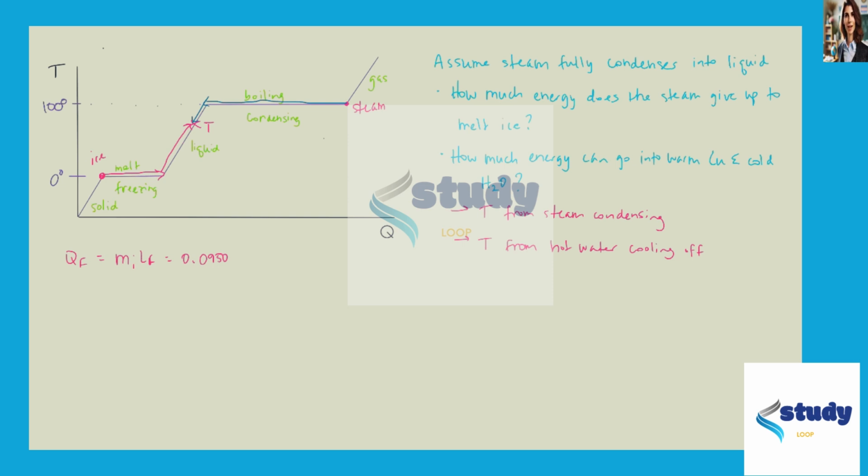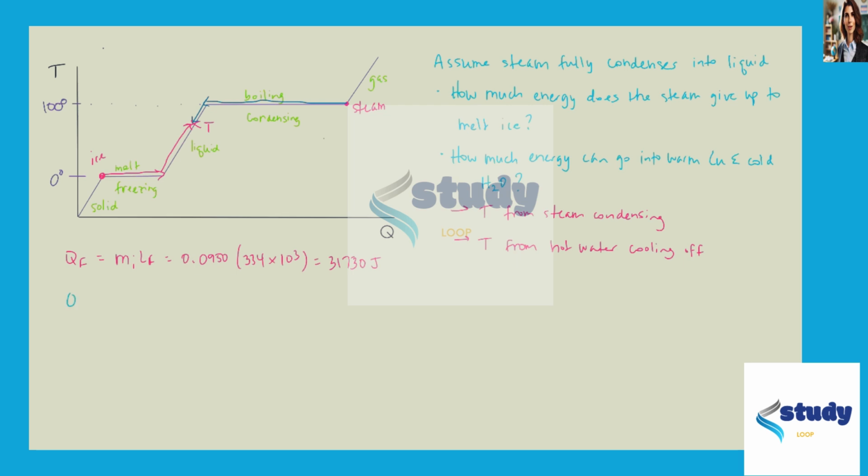That is 334 joules per gram, so 334 times 10 to the third joules per kilogram. And I got that it's going to take 31,730 joules to melt the ice.